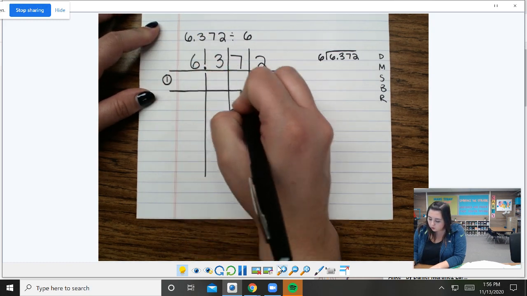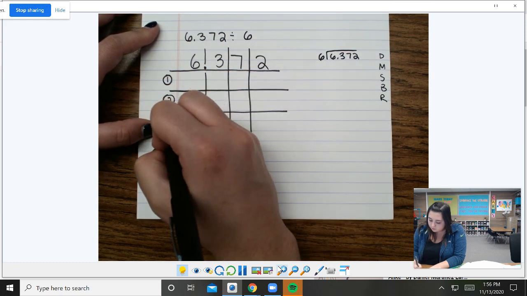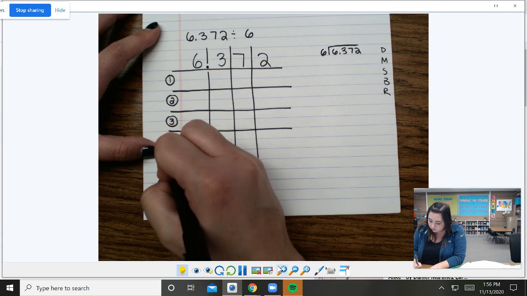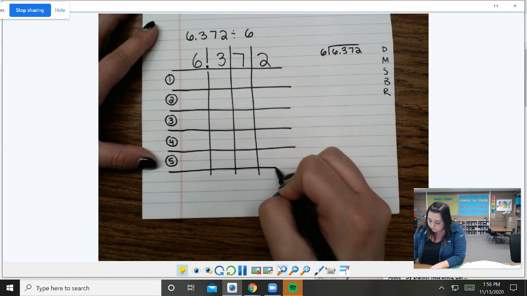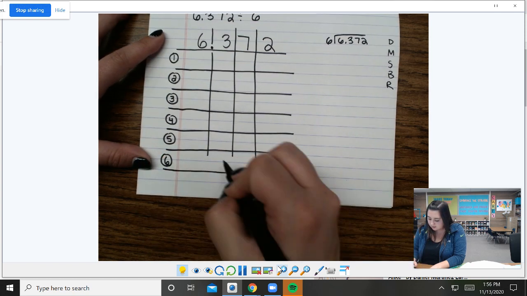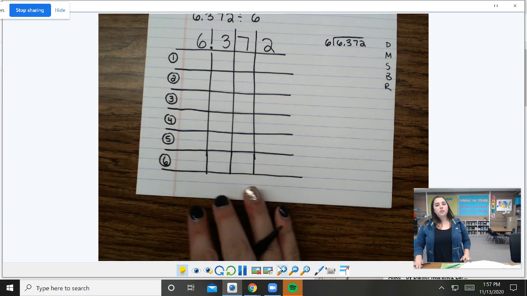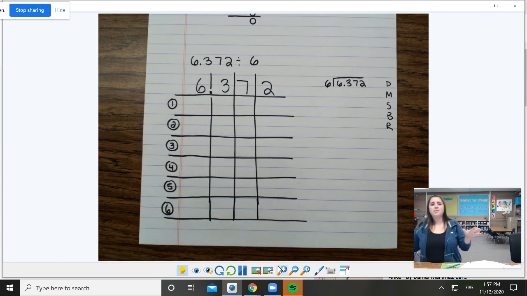So here'll be group 1, group 2, group 3, group 4, group 5. Oh, I didn't make this long enough. Group 6. There we go. Draw this carefully so that way when you're actually solving, you don't get confused with your dots, your lines. You want to make good dots, things like that.